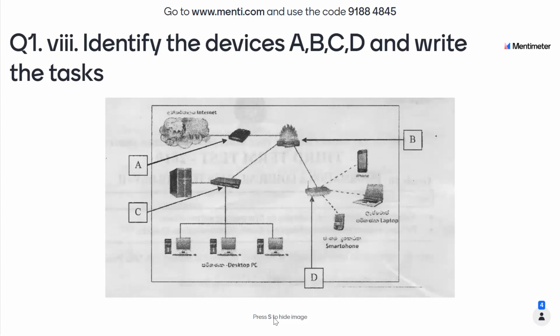What you see is a network environment. You see there are some desktop PCs, smartphones, laptops, iPhones, then we have server computers, and then some network devices, and that's what you have been given, right? We have A, B, C, and D. You are supposed to recognize them.